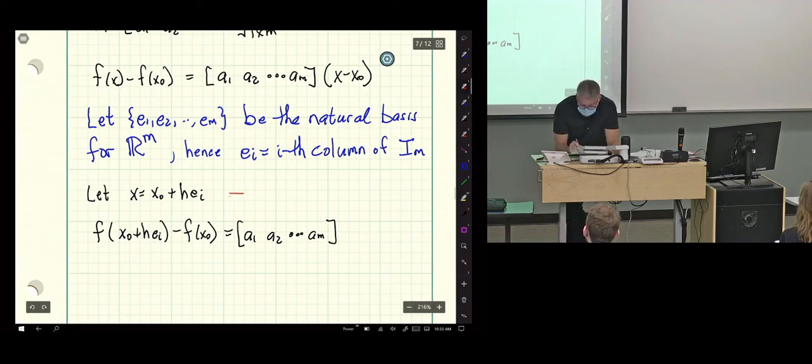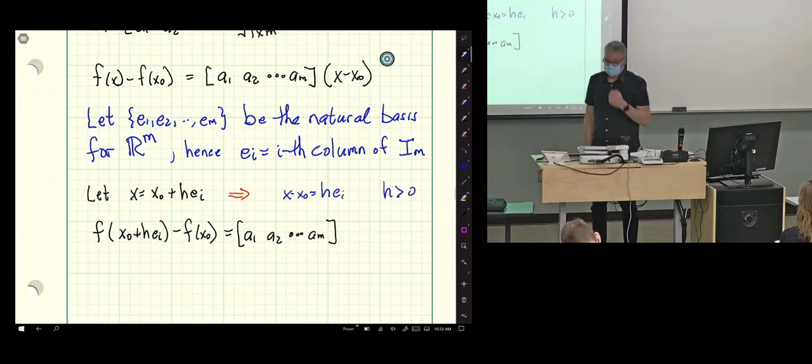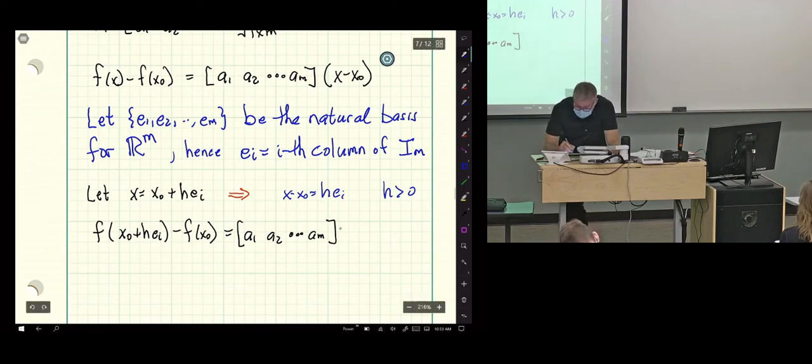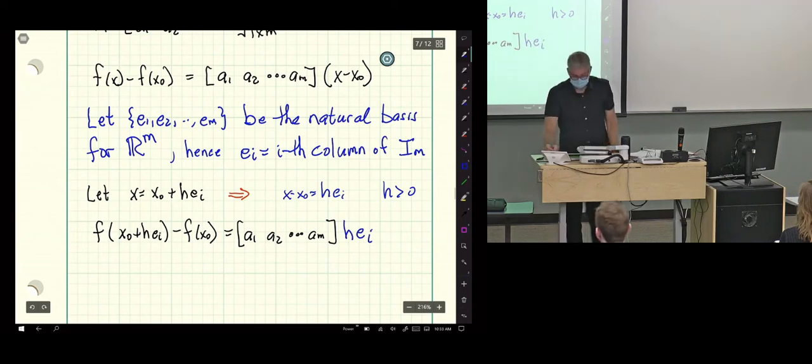But what does this imply about x minus x0? Well, x minus x0 is just my little perturbation in the direction of the ith natural basis vector.